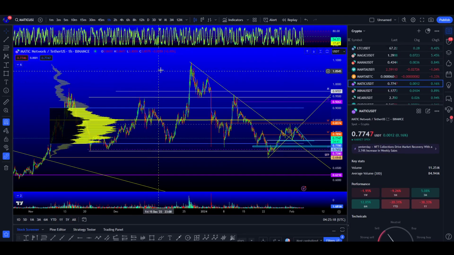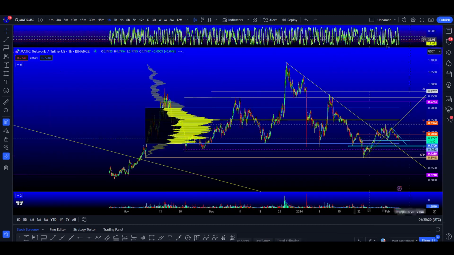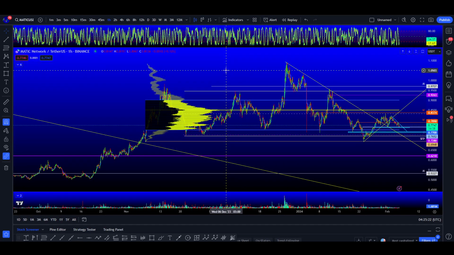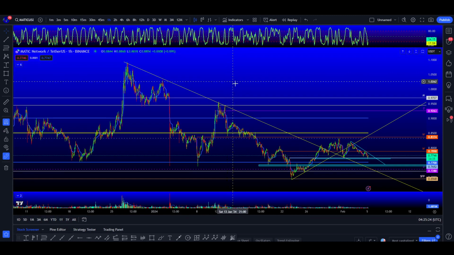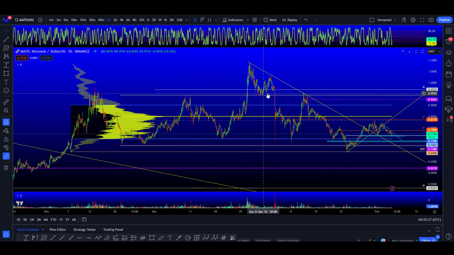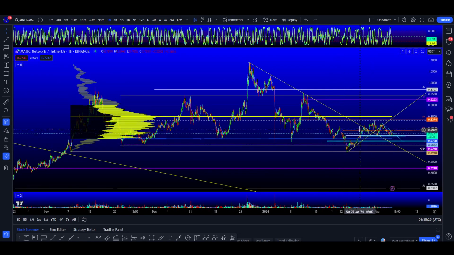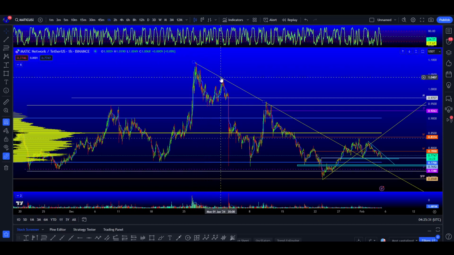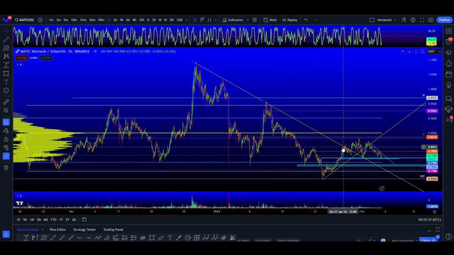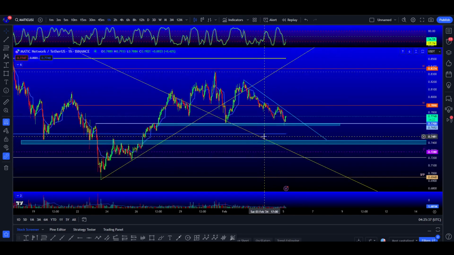Today we're taking a look at MATIC once again on the Binance chart, USDT pair. So as you can see right now with MATIC, just like my last video, it did break out of this descending trend line, right? After breaking out this trend line, it has back tested and retested that trend line as support.